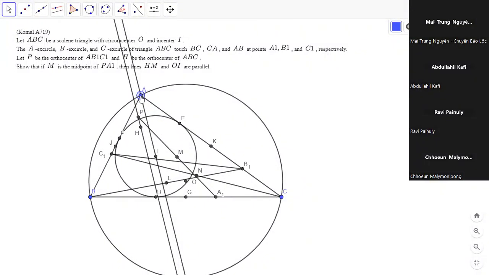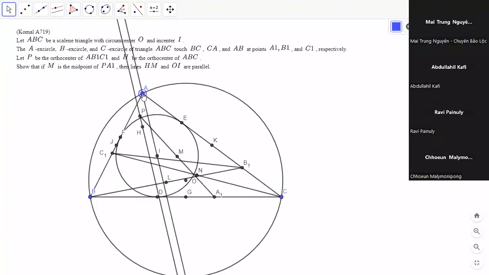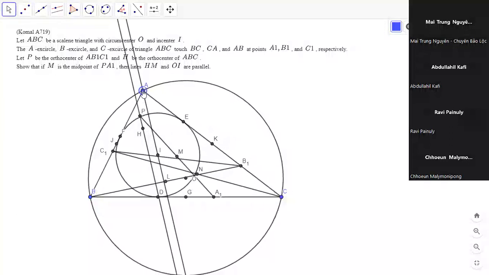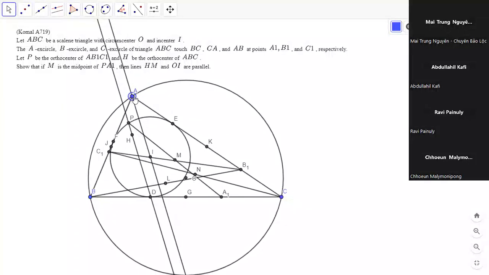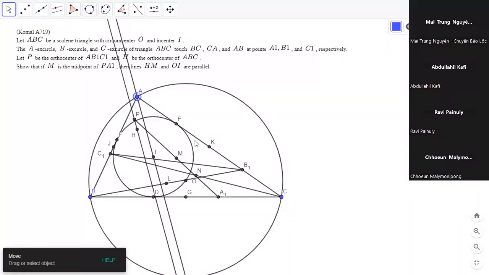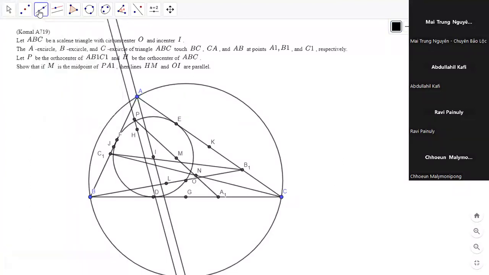And we want to show, oh, were we thinking PH was perpendicular to LN? Yes. OP. And we want to show that HM is parallel to OI. This is really interesting.